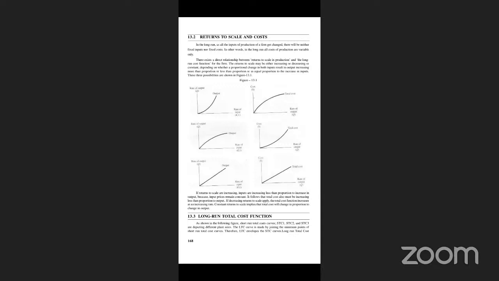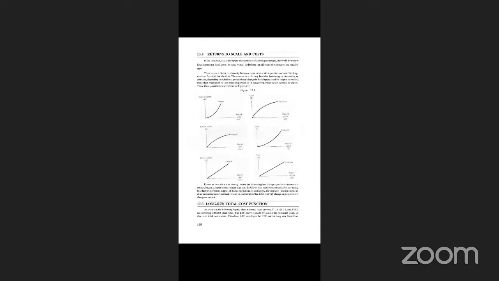Here the returns to scale are increasing at an increasing rate. And the last curves are constant returns to scale, which implies the cost will change in proportion to the change in output. So there is no curve here, it is constant. We call the last two curves returns to scale.